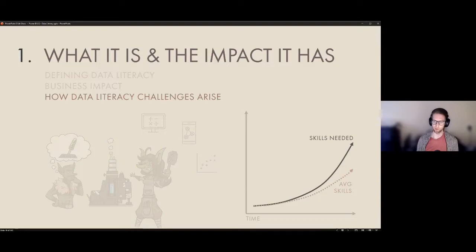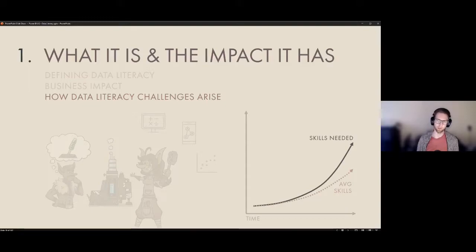Ultimately, what it boils down to is that in recent years, already for some time, the data skills required for someone to succeed in their role have been increasing exponentially. And in many organizations, this has been outpacing the average increase of data skills in the average person in the organization.